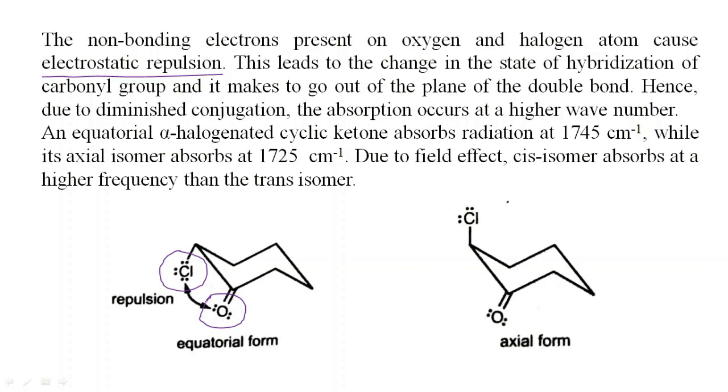This leads to change in the state of hybridization of the carbonyl group, and it makes it go out of the plane of the double bond. Hence, due to diminished conjugation, the absorption occurs at higher wave number. An equatorial alpha-halogenated cyclic ketone absorbs radiation at 1745 centimeter inverse, while its axial isomer absorbs at 1725 centimeter inverse.